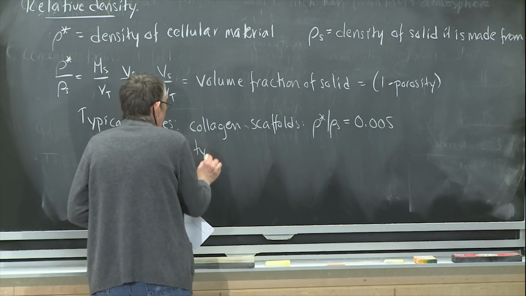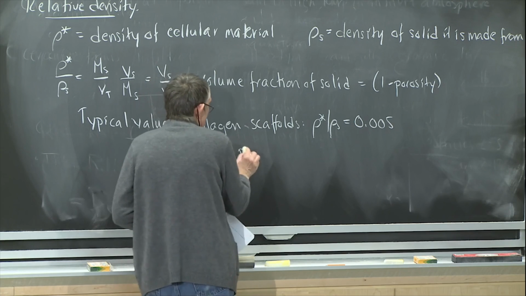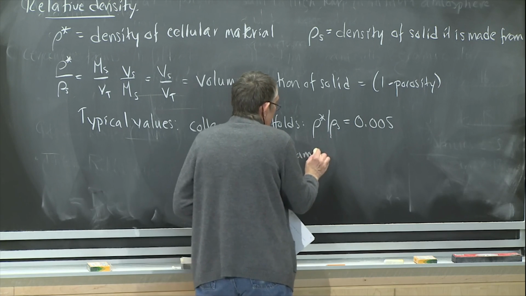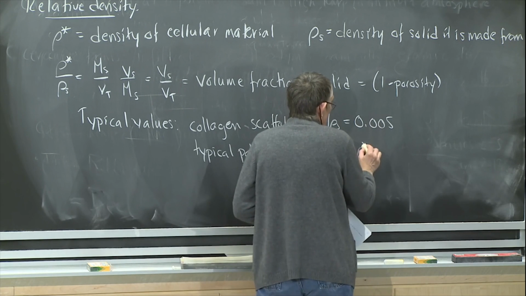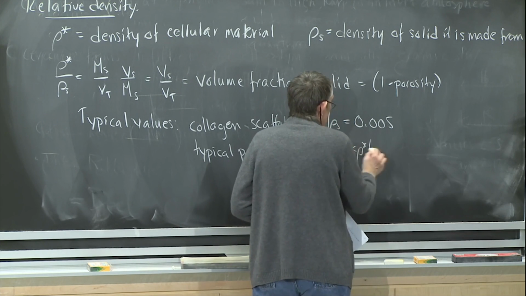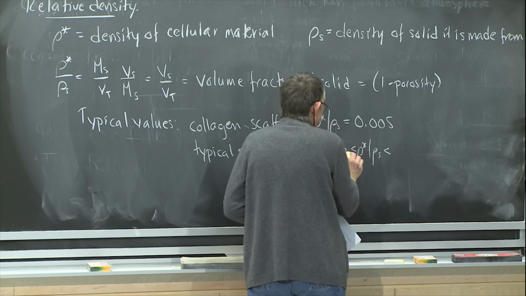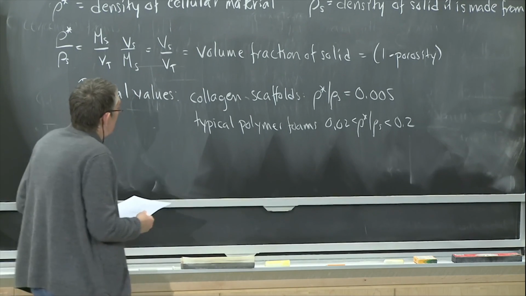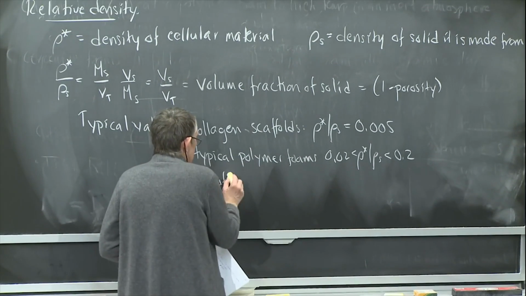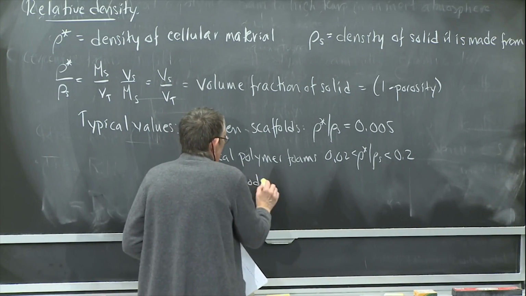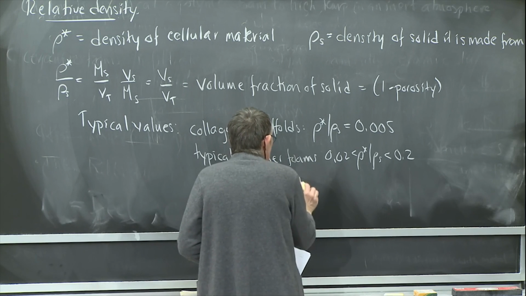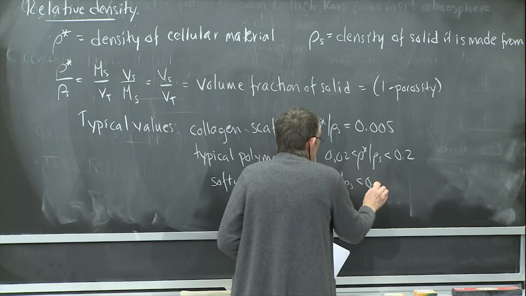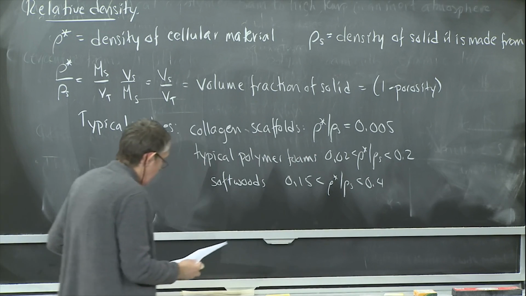And if we look at typical polymer foams, the relative density is typically between about 2% and 20%. And wood is also a cellular material. If we look at softwoods, the relative density is usually between about 15% and about 40%, something like that. Okay.